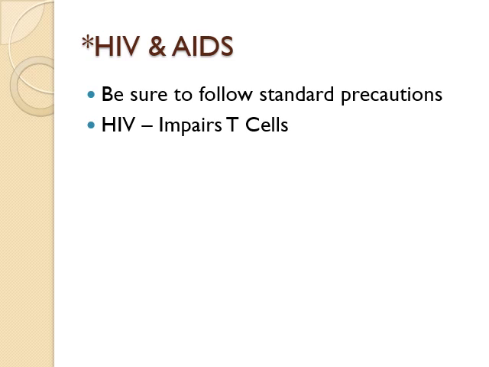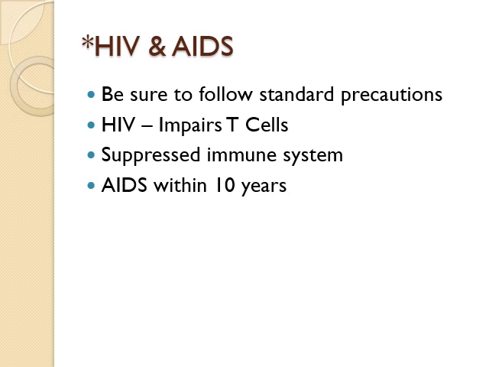What essentially happens with HIV is it impairs T cells, and that's going to obviously suppress your immune system. Usually within about 10 years, an individual develops acquired immunodeficiency syndrome, at which point you're clinically determined to have AIDS.